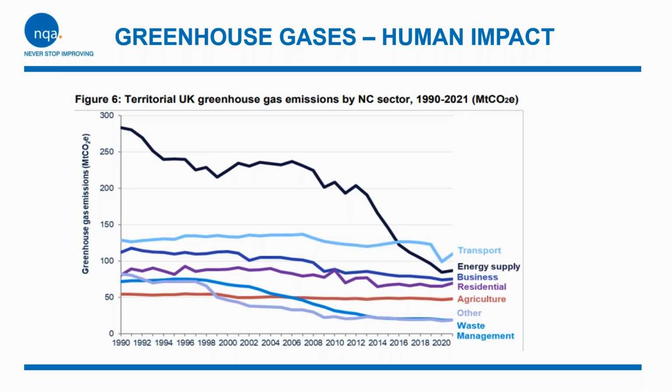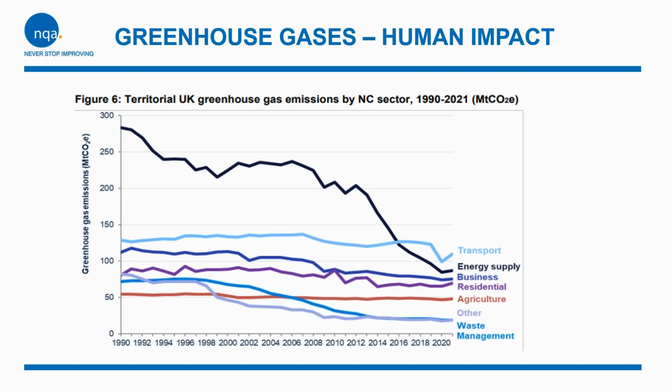However, transport hasn't dropped half as quickly, nor has business or residential or agriculture. We've seen some big improvements in waste management, and again, that's a direct result of national waste strategies in the early 2000s, when things like organic waste in landfills were sent for composting instead of landfill, and various other recycling efforts and waste management techniques.